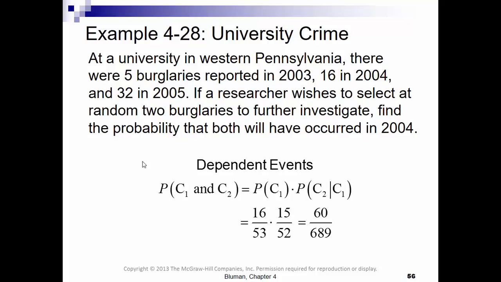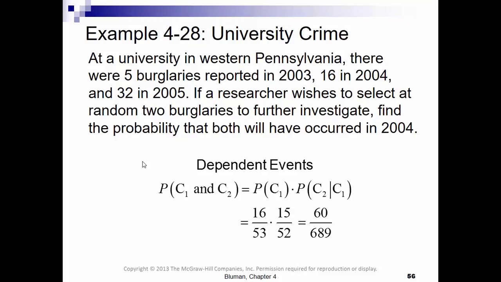They're just going to randomly pick some crimes to further investigate. So 32 and 5 is 37, plus 16 is 53. That's our denominator for the first one: 16 out of 53. Now, these are not independent events because they both occurred in 2004.